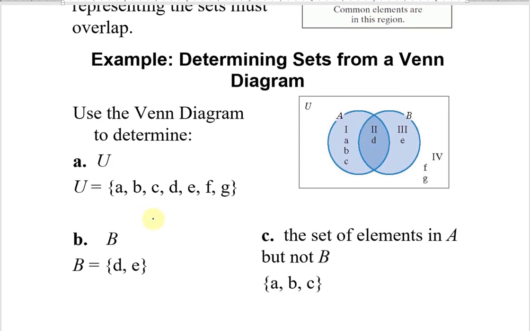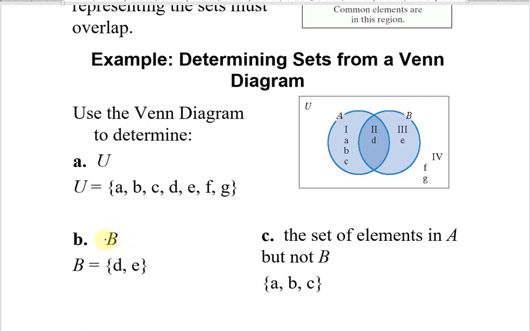Now for an example, use the Venn diagram to determine the following. The universal set should have everything, A, B, C, D, E, F, G, everything inside the rectangle.